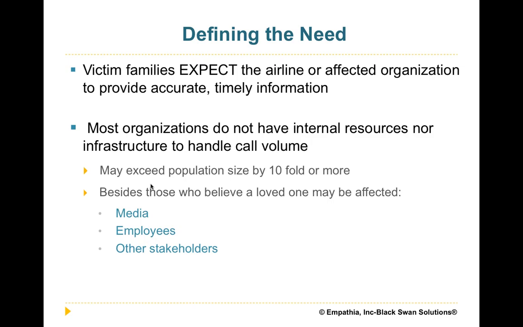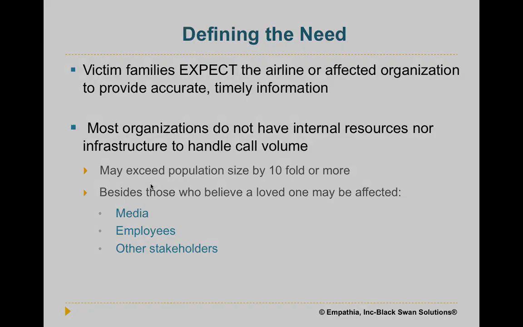You could have some inkling that your sister who works in Des Moines travels for her job, and you hear about an aviation accident in Des Moines, and you can't reach her on her cell phone. It is not unlikely that that person's going to pick up the phone and dial this toll-free number to try to see that her sister is okay. And so the call volume is quite staggering. We also know that media and employees will add to that volume.